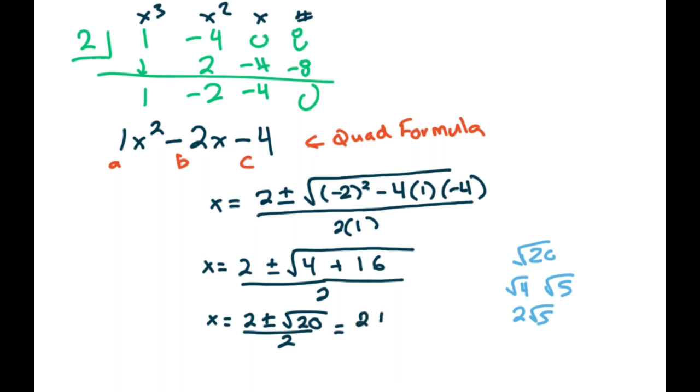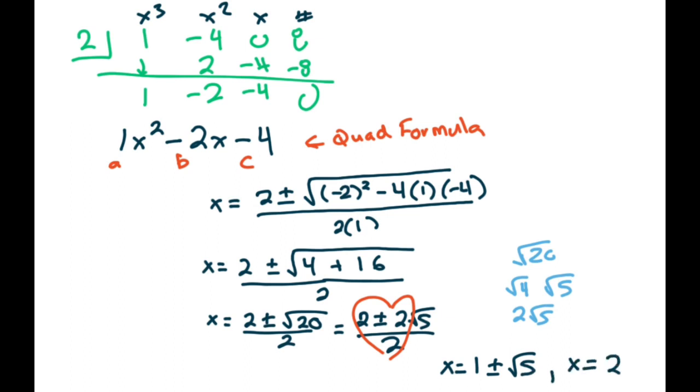So this is 2 plus or minus 2 square roots of 5 over 2. And then I can divide. So x equals 1 plus or minus the square root of 5. I also, again, had x equals 2 from my table. So those are my answers.